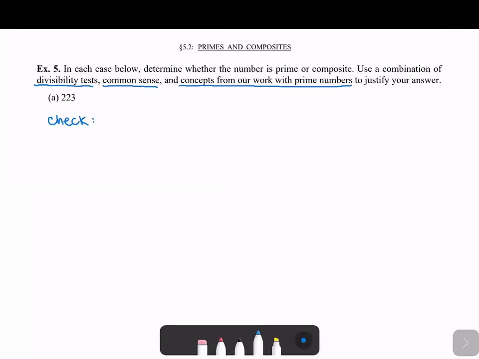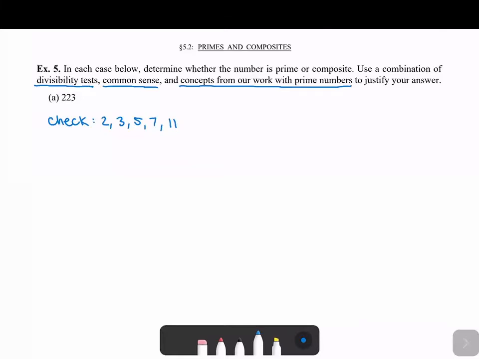So we know that 223 is bigger than the square of 12, 144. So we know that we'll need to check 2, 3, 5, 7, and 11, right? Because even 11 squared is 121, which is less. So we're just going to keep listing prime numbers until we get to one that squares bigger.